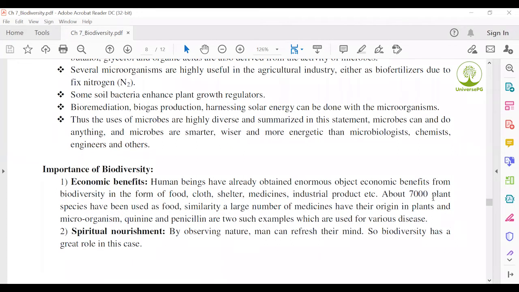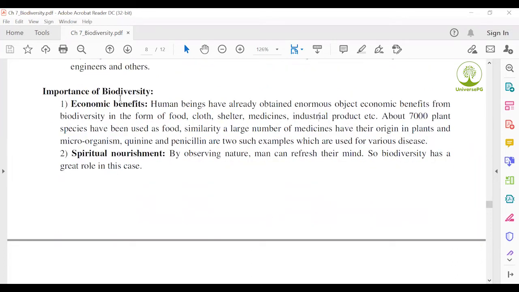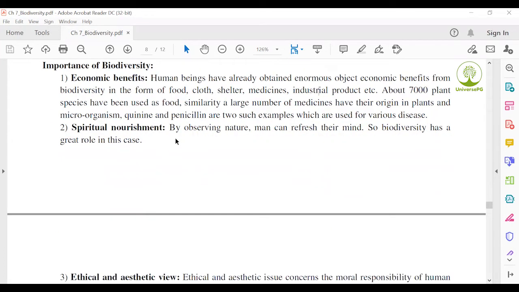About 7,000 plant species have been used for different purposes, such as medicine, food, and production of different types of essential economic products from the environment. Spiritual nourishment. By observing nature, man can refresh their mind. So biodiversity has a great role in this case.